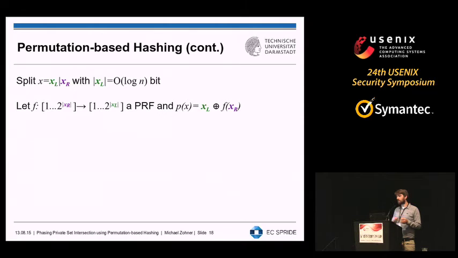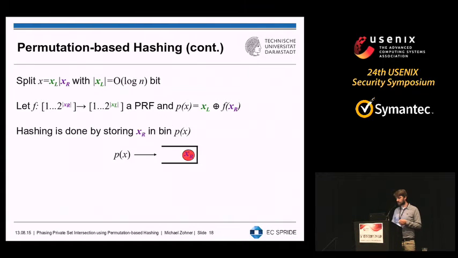You then define a pseudorandom function f, which maps from the right half to the left half, as well as a permutation p, which given x, XORs the left half onto the PRF output of the right half. And what you simply do then is you store the element x in the bin that is indicated by the permutation, and you don't store x, you store the right half of x.